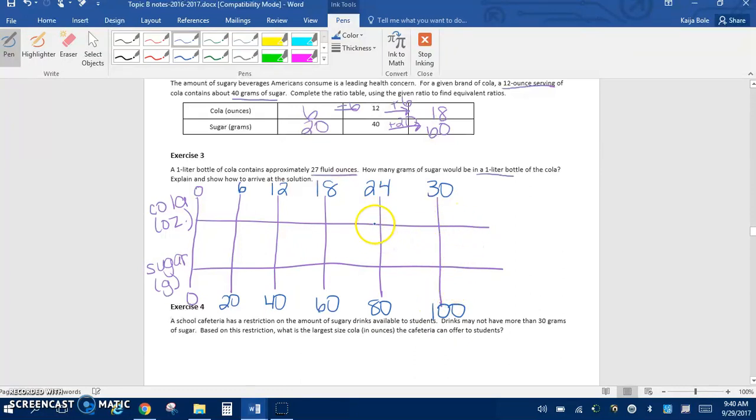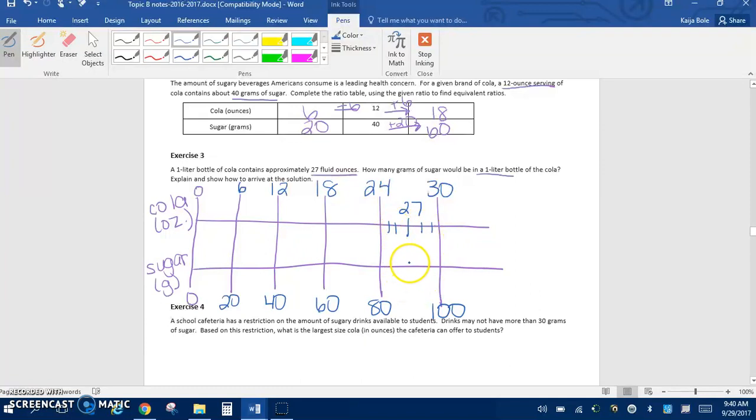It asks, if a 1-liter bottle has about 27 fluid ounces, so 27 is somewhere in here, how many grams of sugar would be in that bottle? 27 is right in the middle of 24 and 30. You can check that: 24, 25, 26, 27.